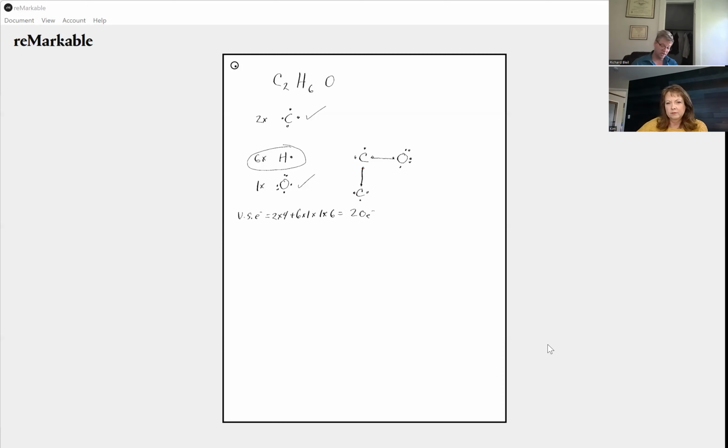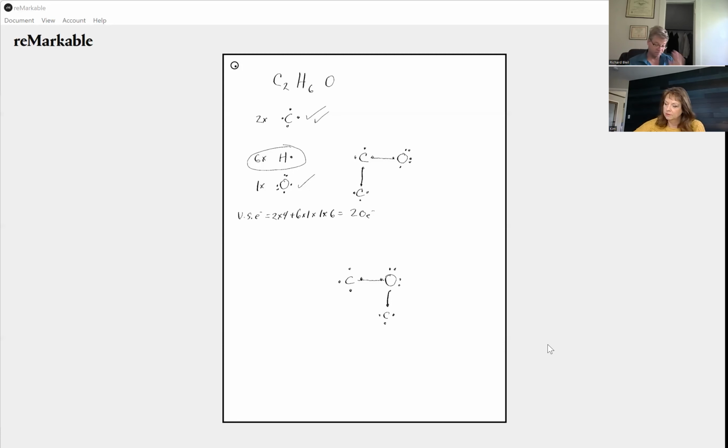What if Kim had chosen oxygen? I'm going to do a second Lewis dot structure down here. This is exactly the same that we had before. Now, what have we not added yet? Hydrogen. Not added hydrogen.